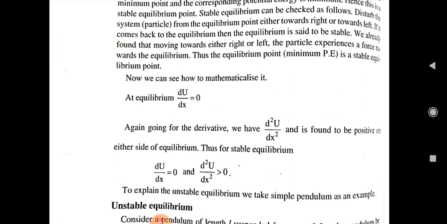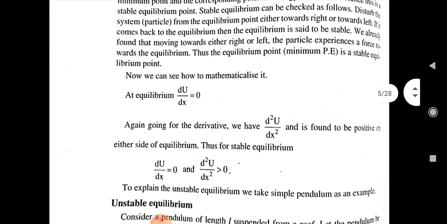So the curvature effect is positive on both sides of the point. Curvature increases, that is d square u by dx square, the derivative of the slope, means curvature increases. So when we consider a point and on either side the curvature increases, we can say that particular point is a stable equilibrium.